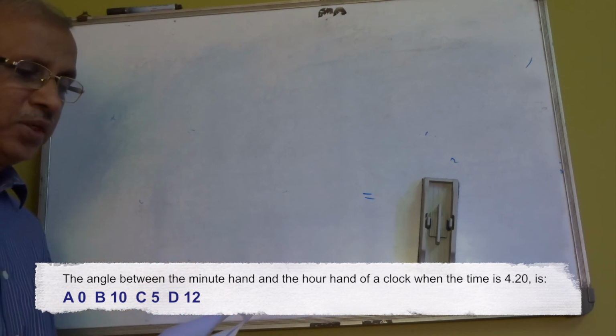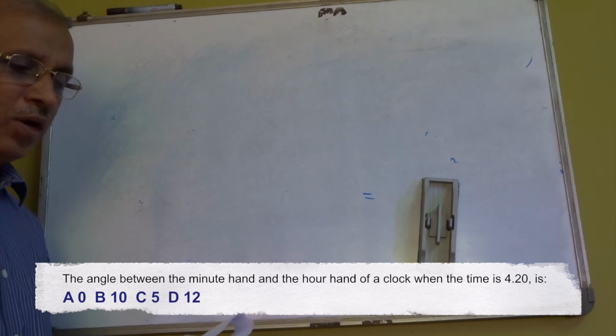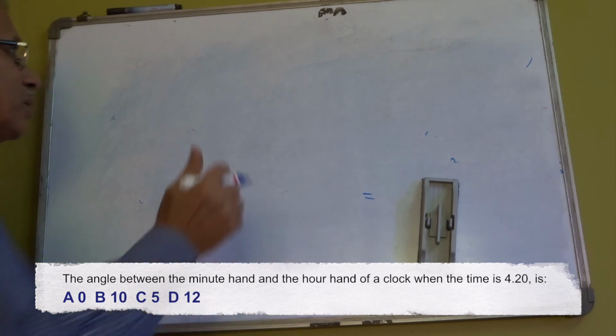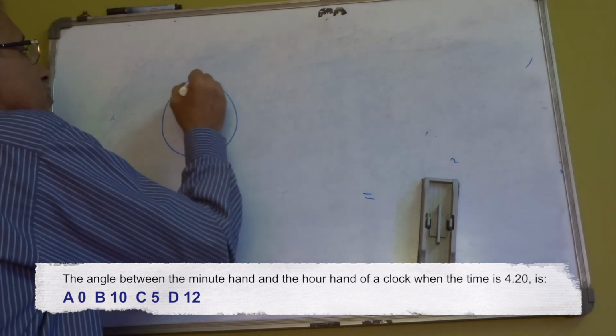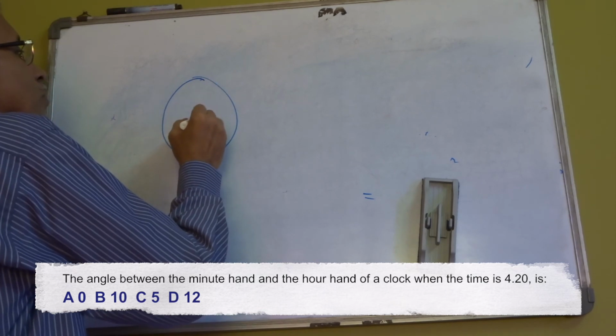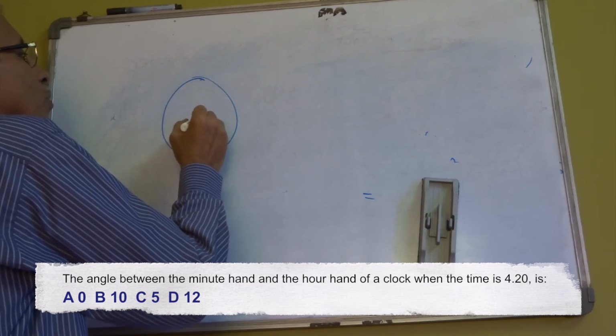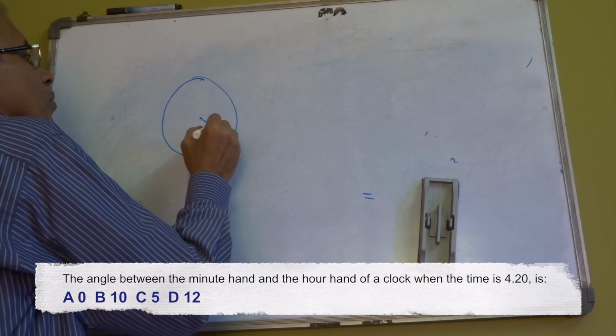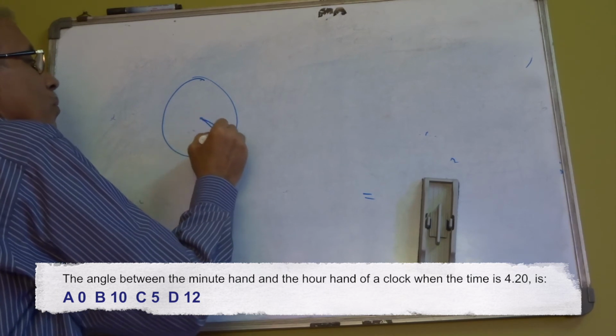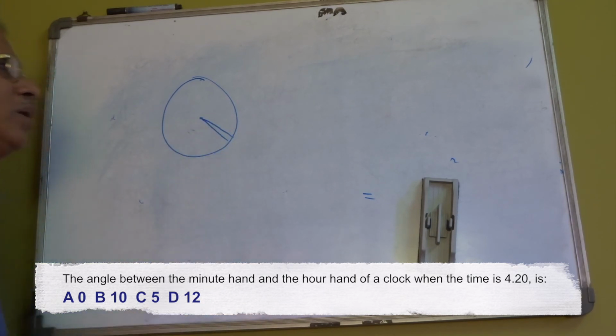What is the angle between the minute hand and the hour hand of a clock when the time is 4:20? The angle at 4:20. The minute hand will be at 4, whereas the hour hand has moved from 4, it is between 4 and 5. How much has it moved?